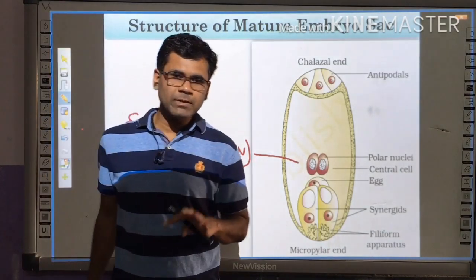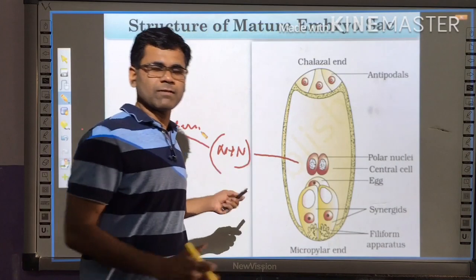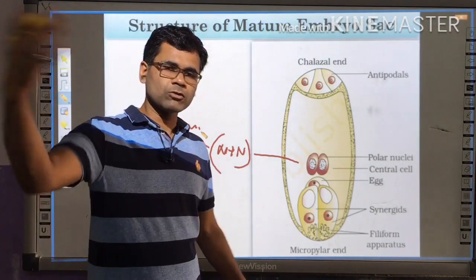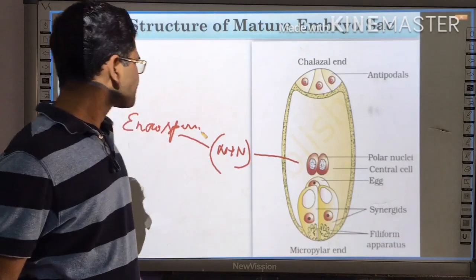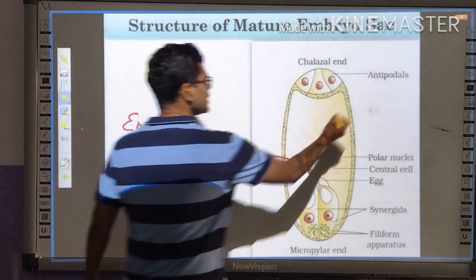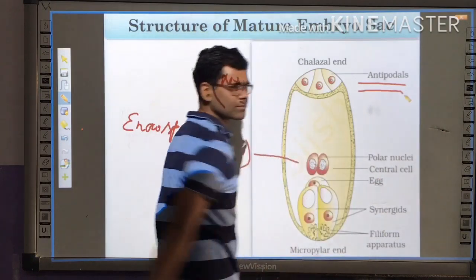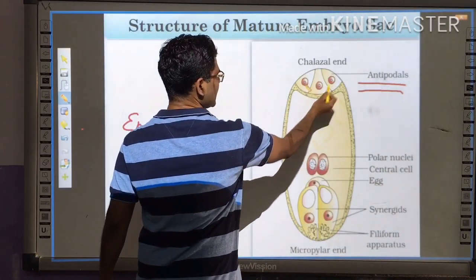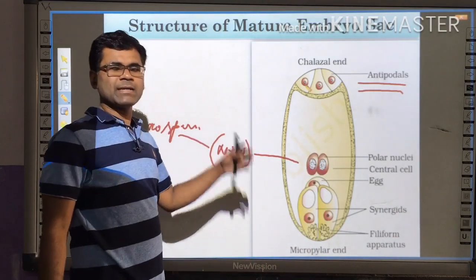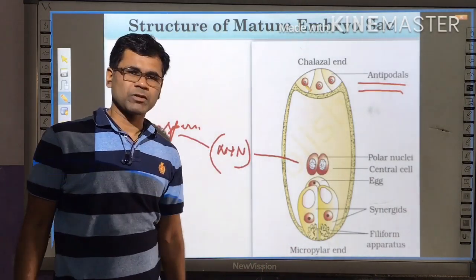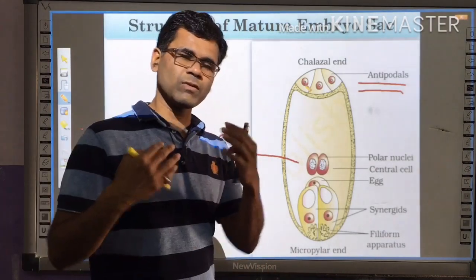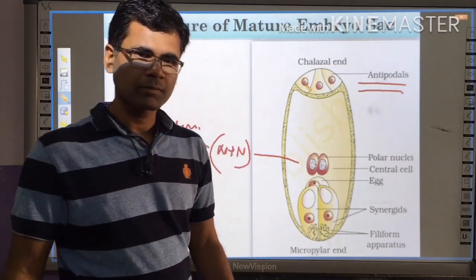Now this endosperm is very important for the growth and development of the plant, for providing nutrition to the various components of the plant. The third important thing here is the antipodal cells. There are 3 cells as you can see here, and these antipodal cells are again responsible for drawing nutrition once the fertilization is over.